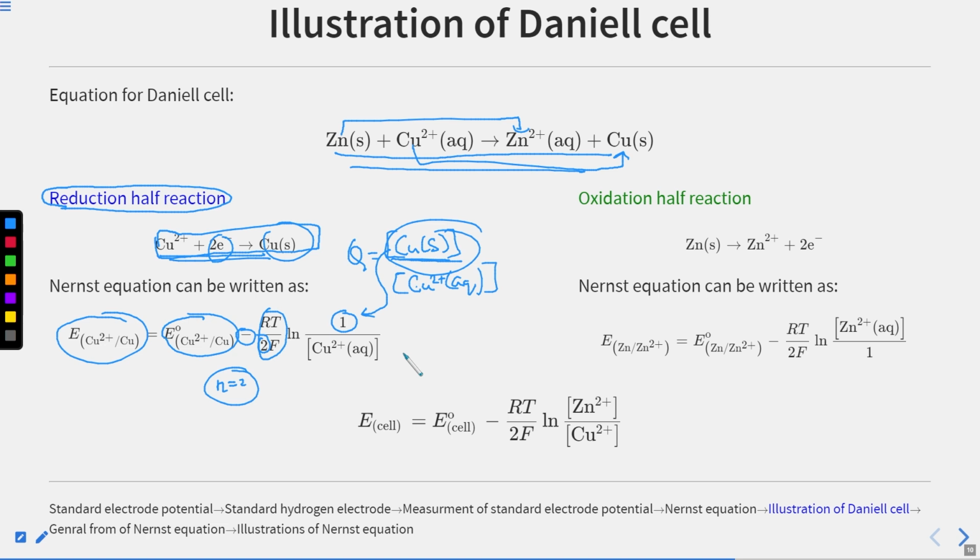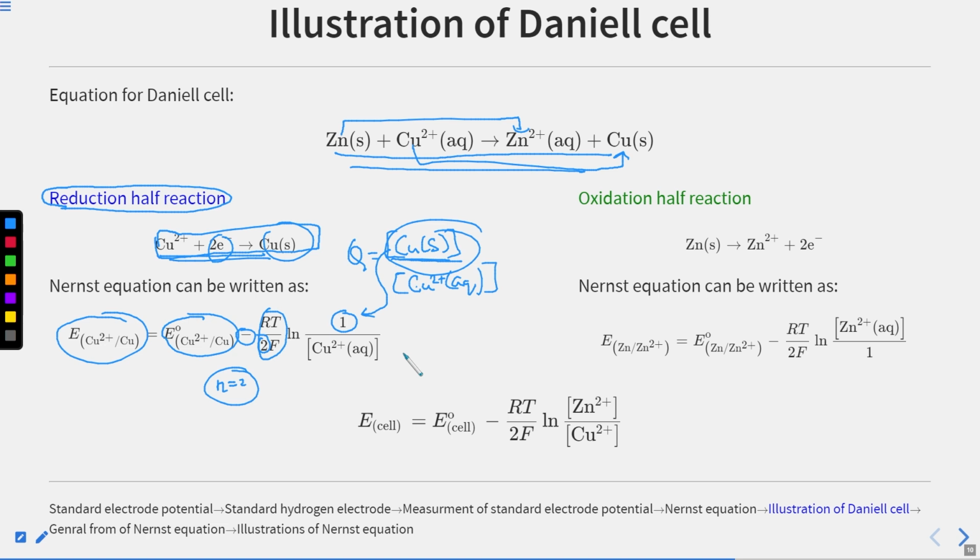I can generalize and say that the concentration of the pure elemental form will always be unity, because the concentration term has no significance if we are taking a pure thing. The concentration term arises when we are taking a solution.